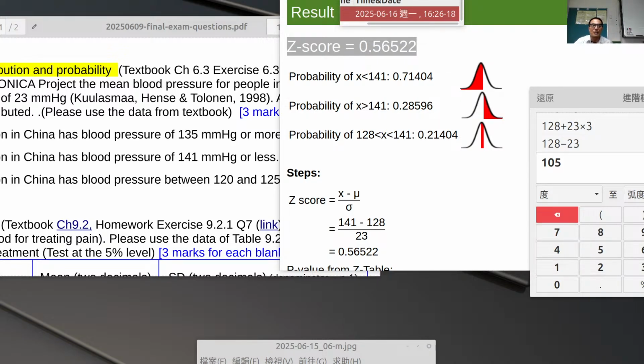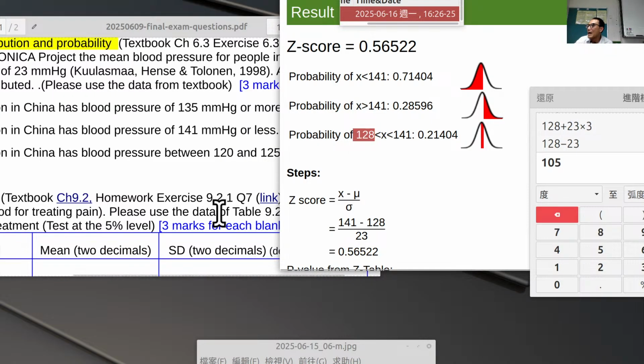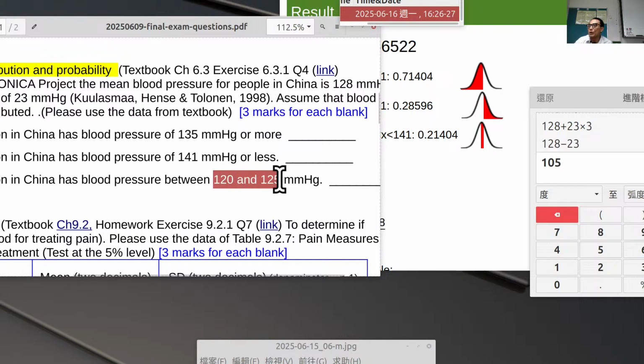My question is, we know the average is 128. And now we want to know 120 and 125. So where are those two? On the left side of the mean or on the right side of the mean? My question, 120 on the left side or on the right side of the mean? Left or right? Choose one.